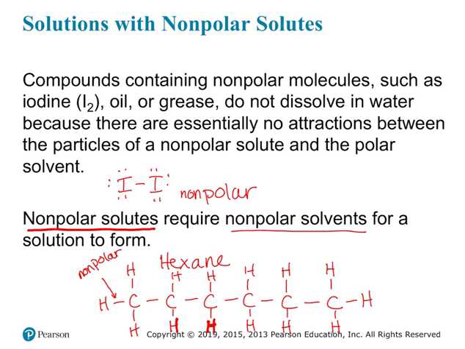And then each of the carbon-carbon bonds are nonpolar because they're the same atoms. So that means the whole molecule is nonpolar. Now, nonpolar solvents can interact with nonpolar solutes. They have kind of similar properties, so they can actually mix together. So this would be a typical solvent.